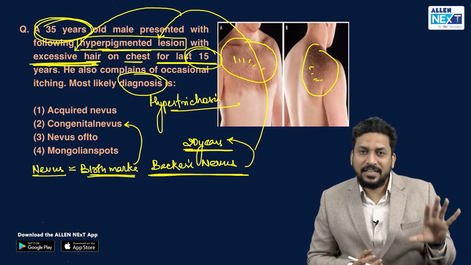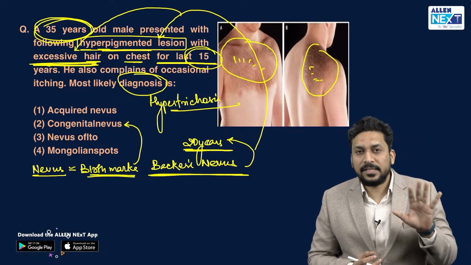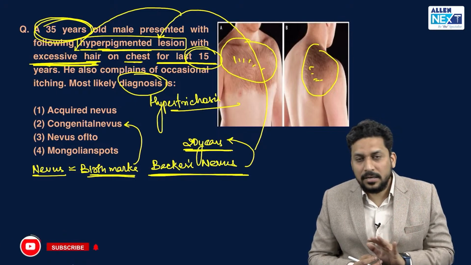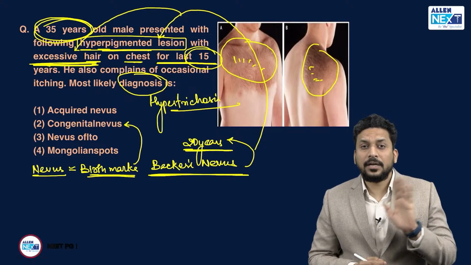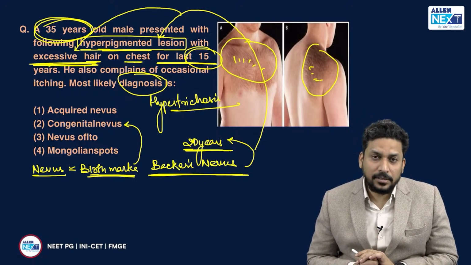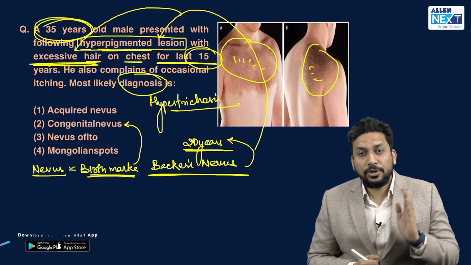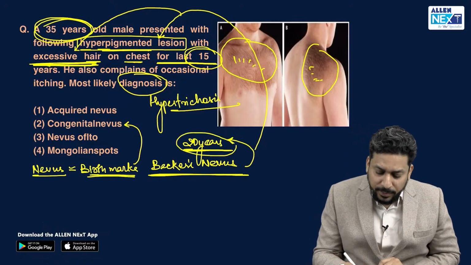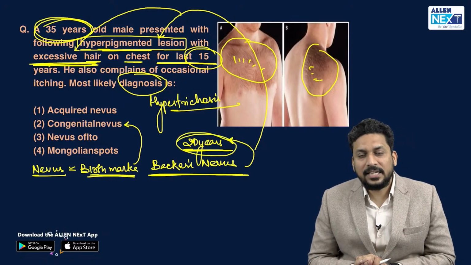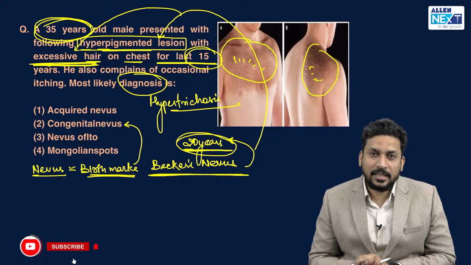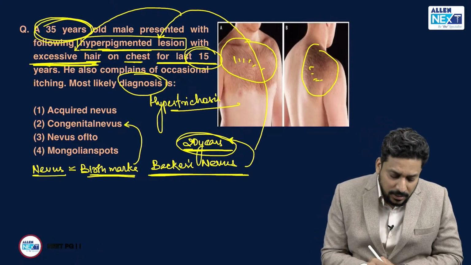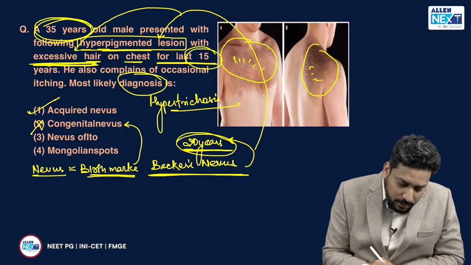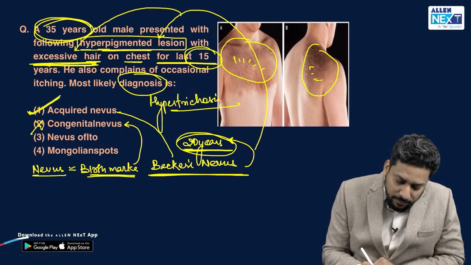So normally the nevus are congenital nevus, they are present since birth, these are the birthmarks, but there is one exception and that is Becker's nevus, which does not develop at birth. Instead, it starts developing during teenage, that is at the age of 20 in this case. This is known as Becker's nevus and this is not since birth. So that's why this is not congenital nevus. This is actually acquired nevus. So this is an example of acquired nevus.